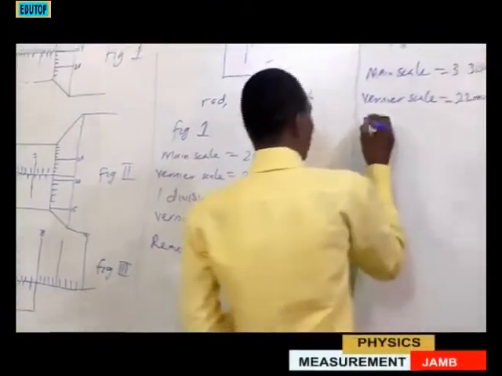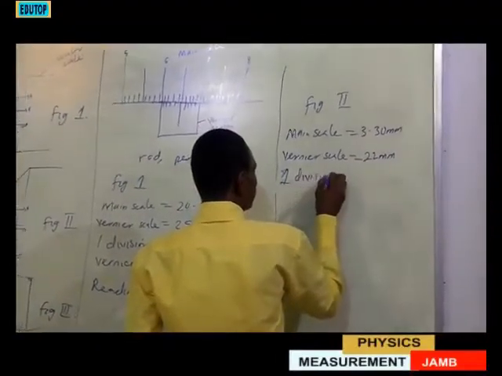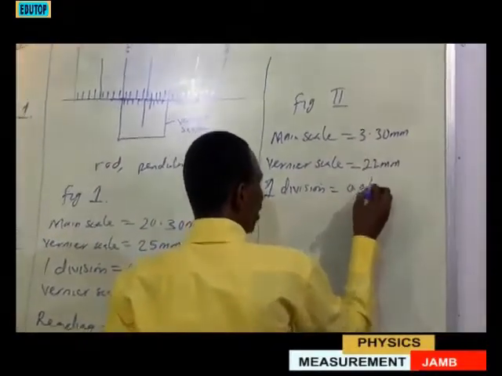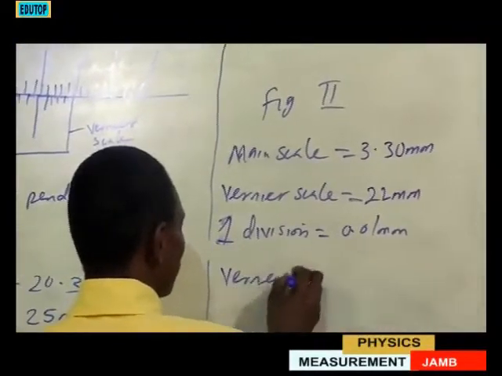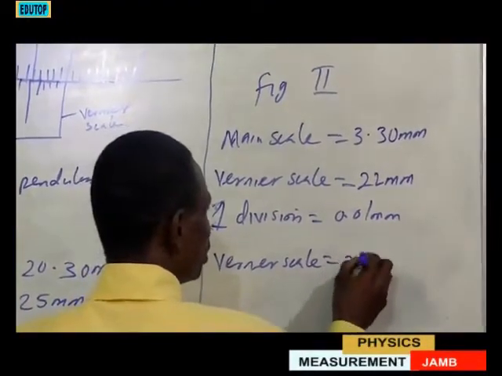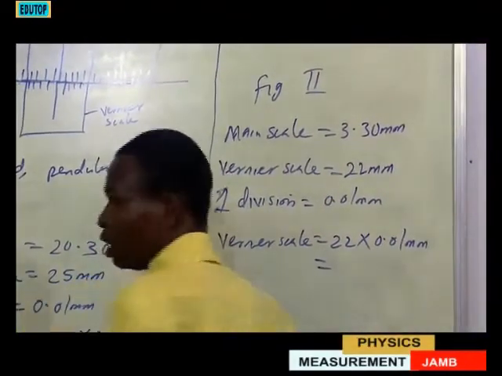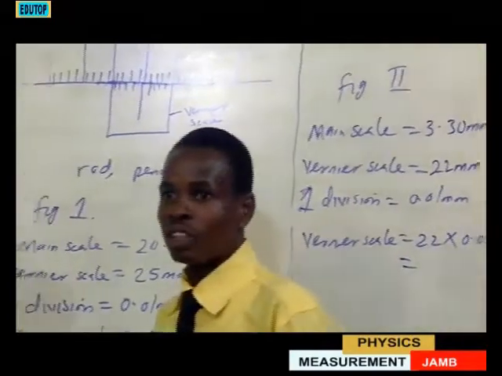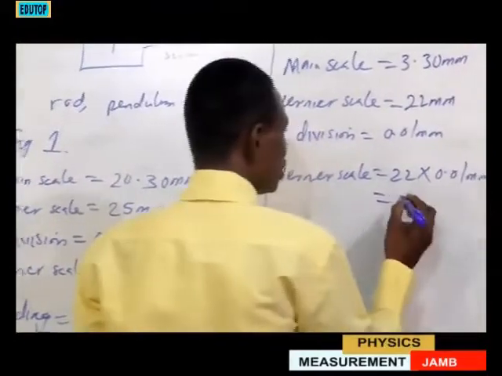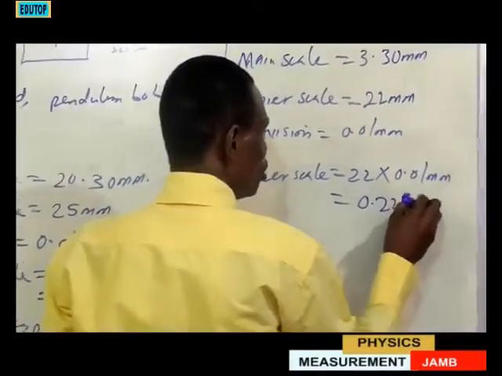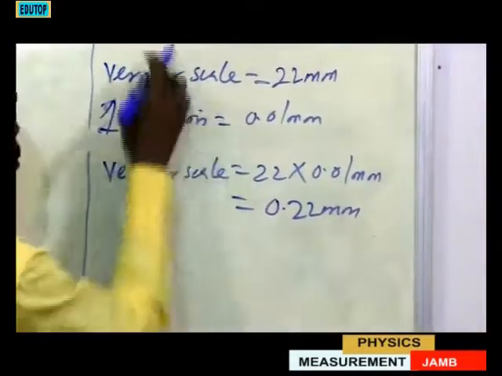What will now be the value of 1 division? As I have told you, 1 division is equal to 0.01 millimeter. So the vernier scale will be equal to 22 times 0.01 millimeter, which gives us 0.22 millimeter. Now we have the value of the vernier scale and the main scale.